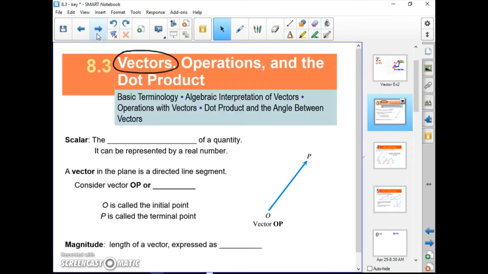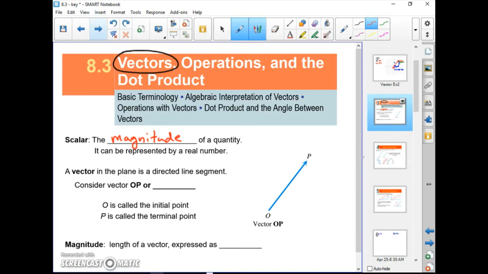So let's talk about some terms. The scalar is the magnitude of a quantity, and that's the size, or the number, the value. A vector in the plane is a directed line segment. Think about a ray, but a ray goes on forever. This won't go on forever.